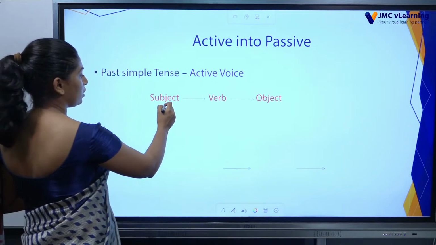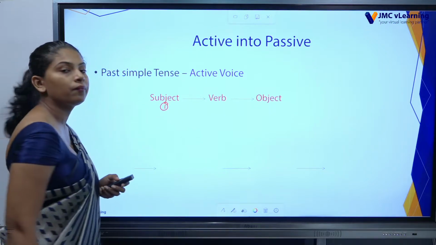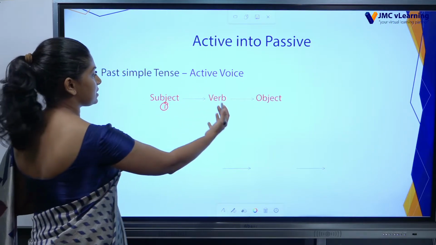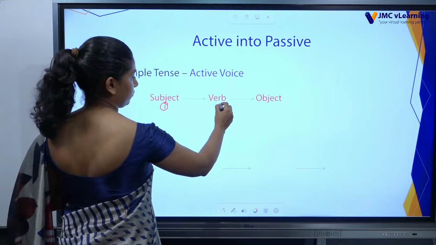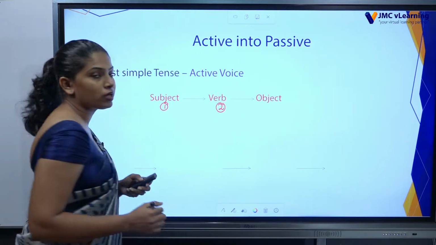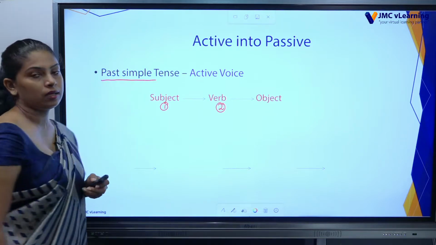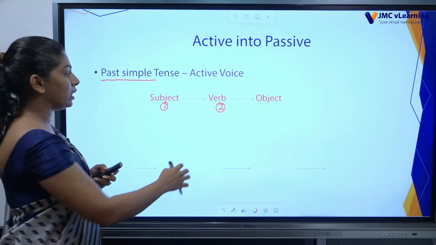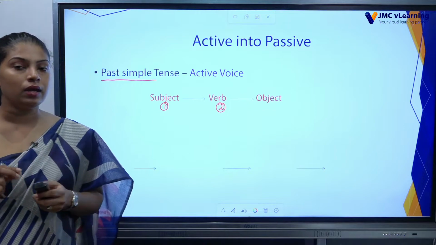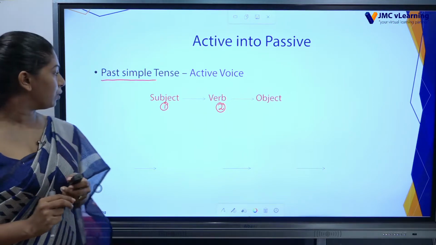First, we use the subject. Then we use the verb. But here you have to keep in mind, we are talking about past simple tense, so the verb must be in past. That is the important thing you have to keep in mind.